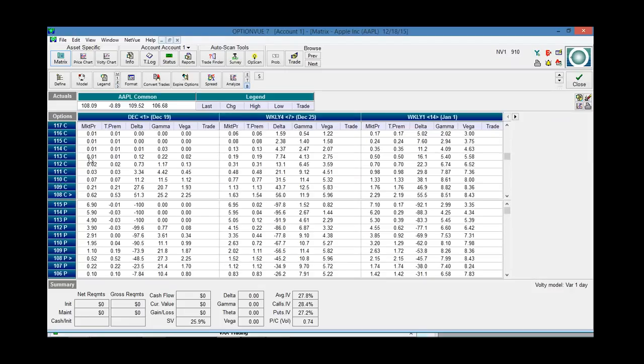If it goes to 107, I'll be looking at around 109, maybe 110. Let's take these off the board because we're not even considering these. And here are the options that we're looking for.